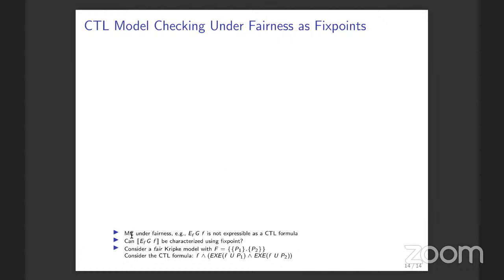Can I implement model checking under fairness, that is, EG under a given fairness condition? As you know, EF of G of F is not expressible as a CTL formula. But now you have a very powerful operator, the fixed point operator, which is more powerful than the CTL operators.